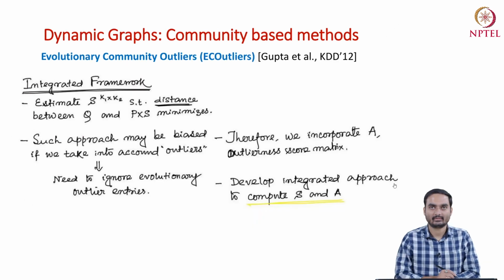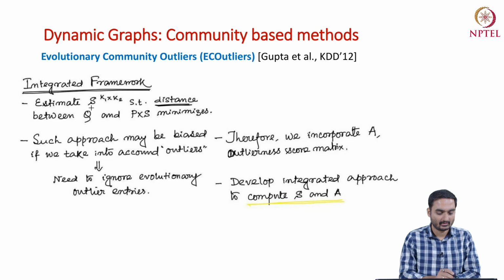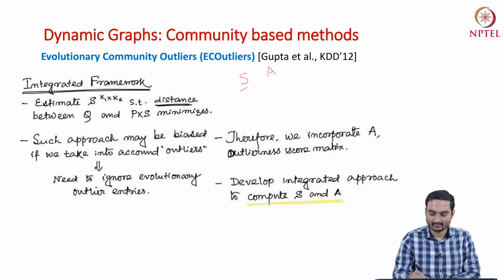Now let us look at the algorithm. It is called an integrated framework, and what is the task here? The task is to estimate S and A. S is the correspondence matrix and A is the outlierness matrix that we estimate, and what are given to us are Q and P. So think about it.